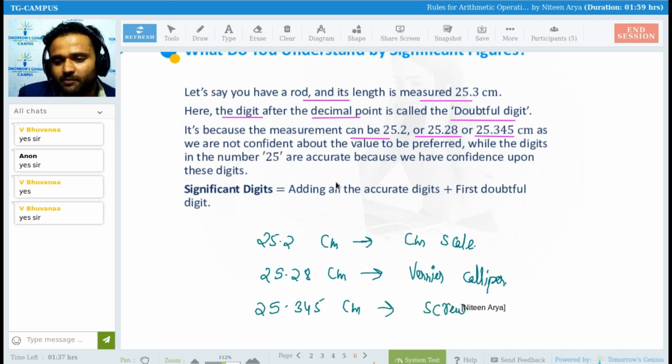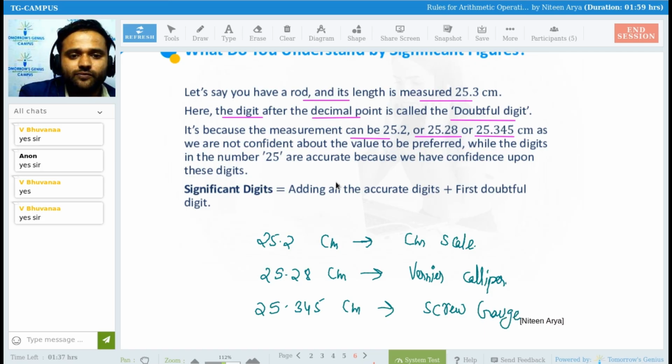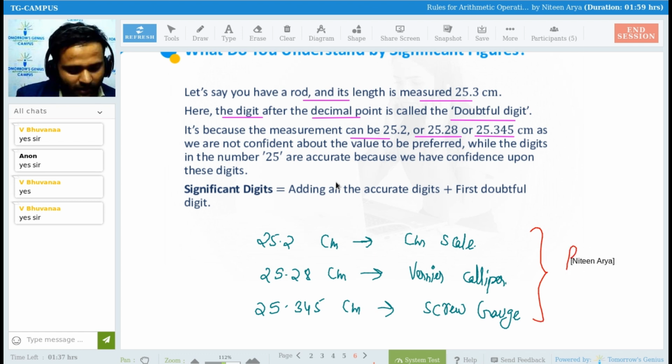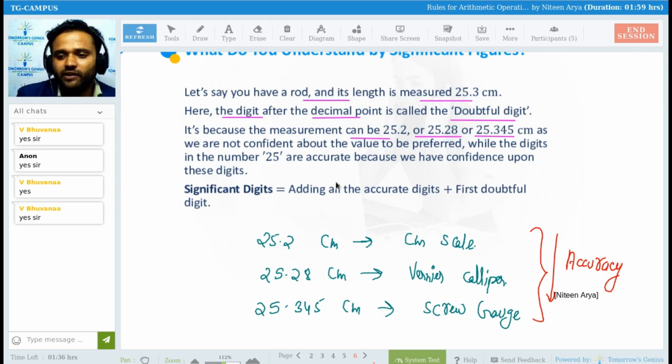What are the things I am writing here? These are the instruments which give you precise value. I mean the precision or accuracy increases in this. Okay, one more thing. In simple physics terminology, this is upward increasing, this is downward decreasing. So accuracy is increasing in this order.